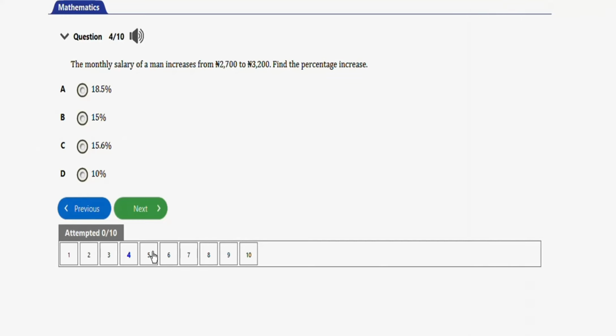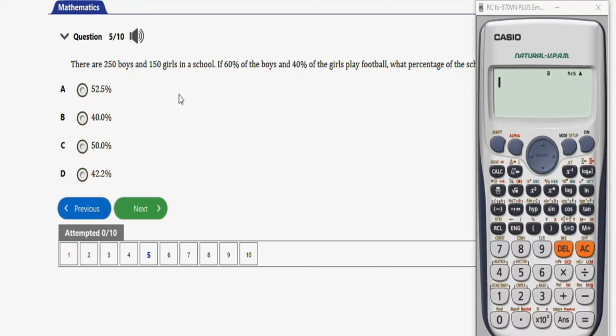The next question will be this one. It says there are 250 boys and 150 girls in a school. If 60% of the boys and 40% of the girls play football, what percentage of the school play football? Let's bring a calculator. This question is simple. To solve this question, let's get the number of boys playing football out of these 250 boys.